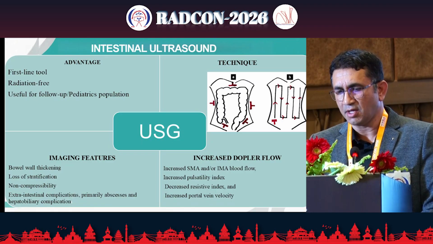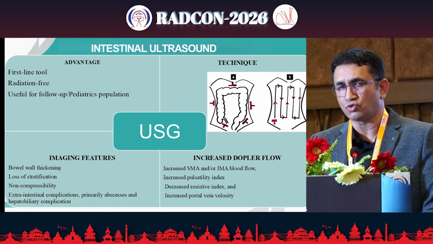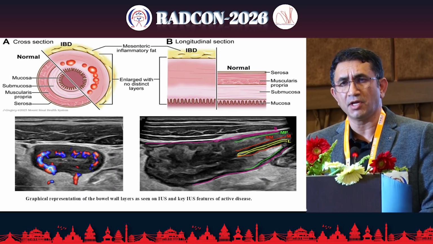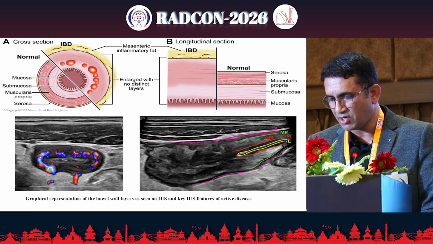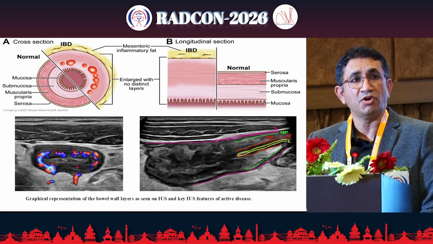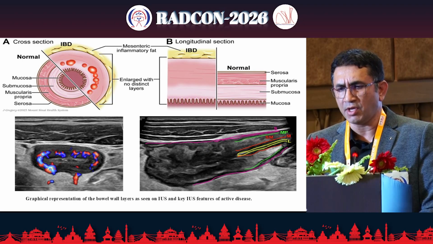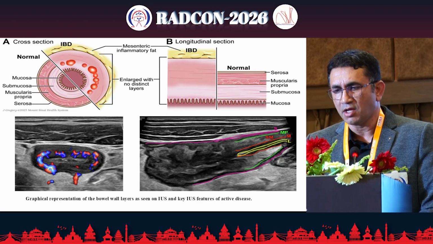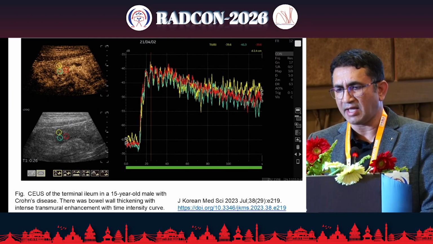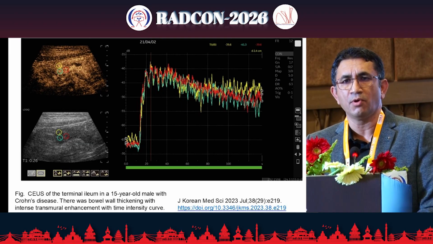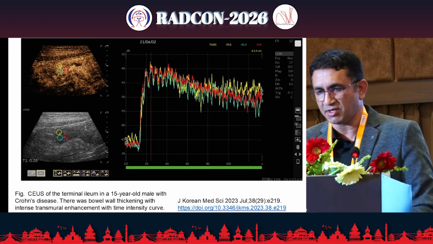This ultrasound image shows circumferential wall thickening with loss of gut signature and increased vascularity. This is contrast ultrasound of the bowel. Here we can see increased contrast uptake, and in the time intensity curve we can see a rise.